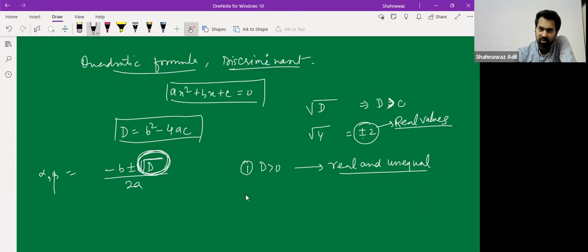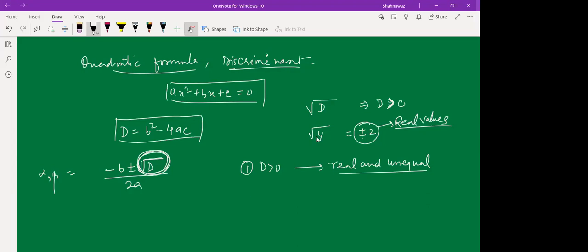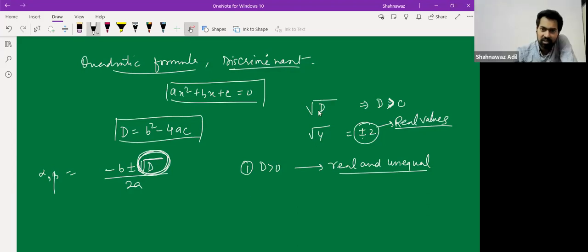And if D is negative, so D is less than 0, this means we have a negative number under the root. So this will not be a real number. Root of minus 3 is not a real number.